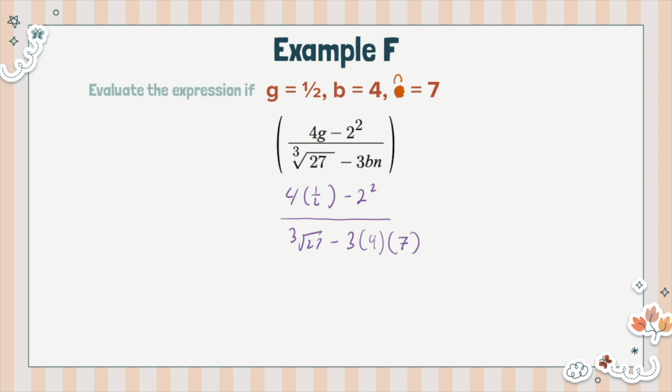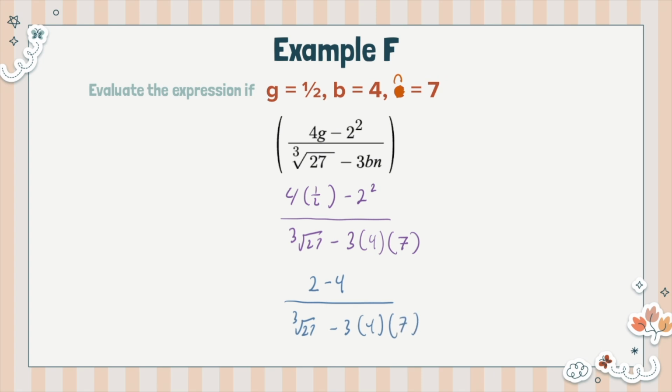Okay, now that we've done that, we're going to do everything on the top first, then everything on the bottom, and then we'll divide. So 4 times 1/2 is going to give us 2. So we're going to end up with 2 minus the 2 times 2, which is 4. So we end up with 2 minus 4 on top, and then we can write everything else that we haven't done on the bottom. So the cube root of 27, minus 3 times 4 times 7.